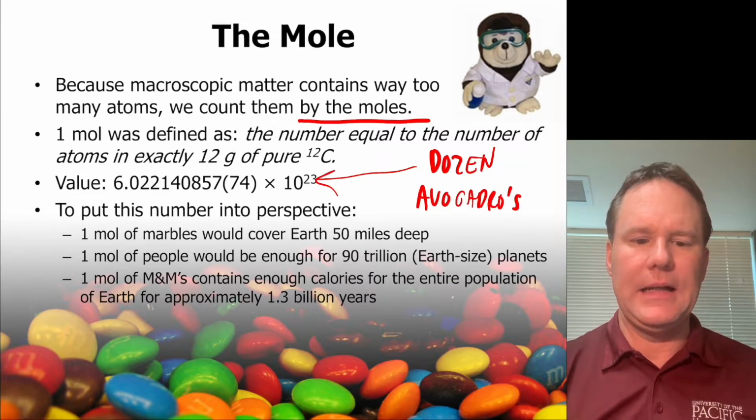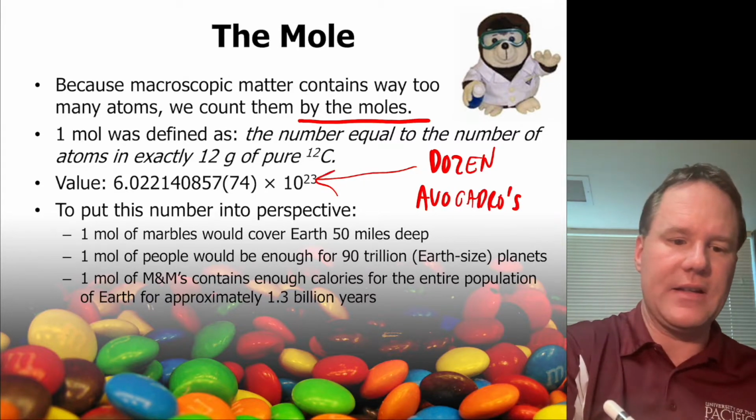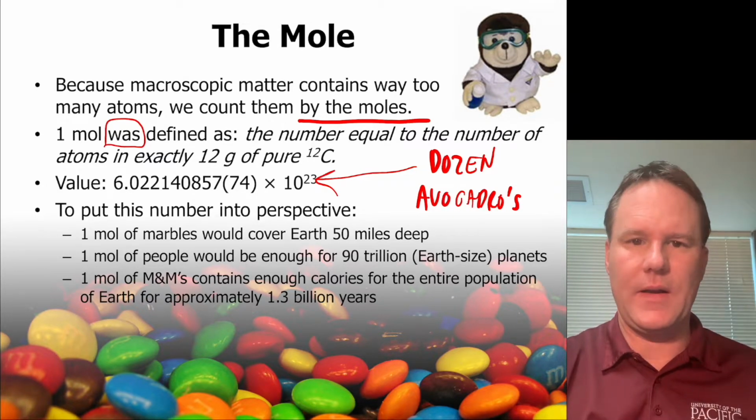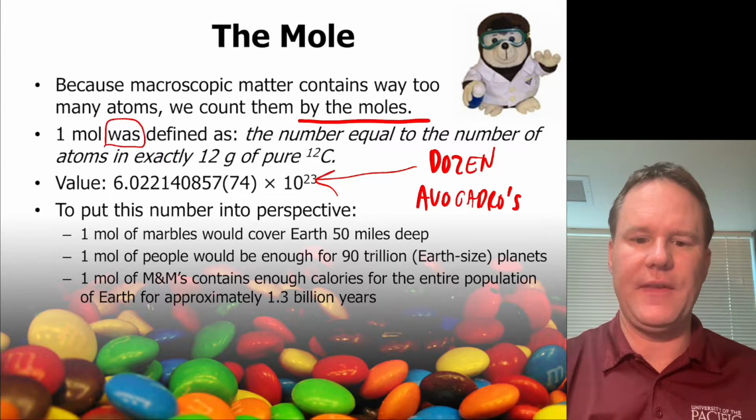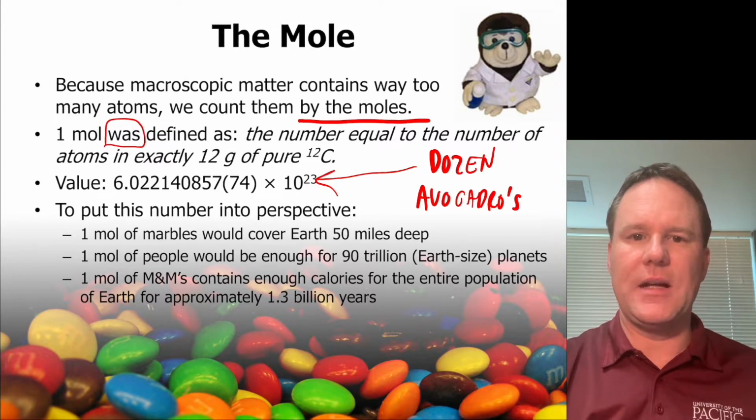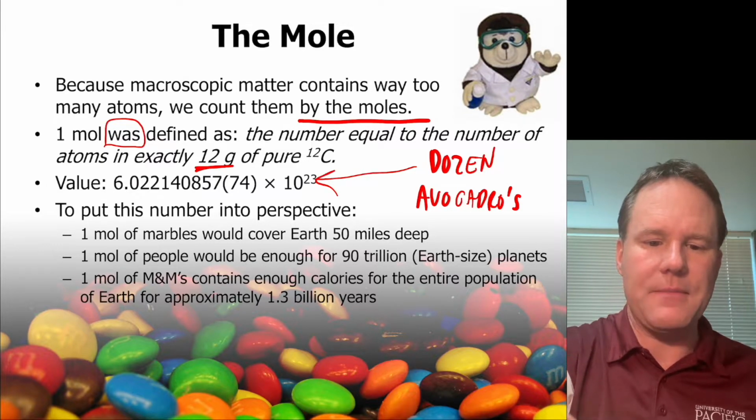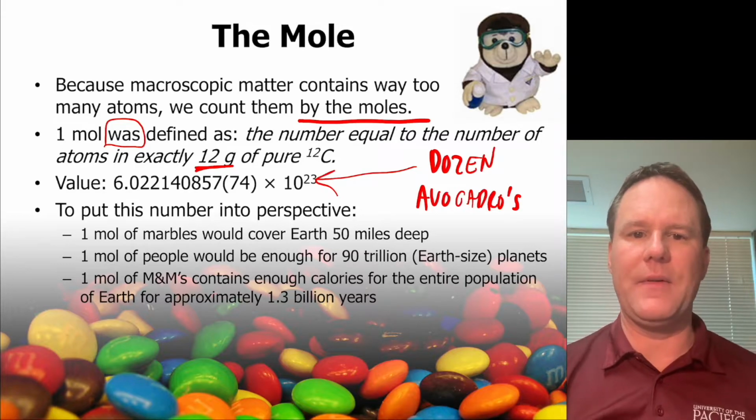How is this defined? Well, it was defined, and I'm stressing the "was" because, again, those people keep changing things. It's a number equal to the number of atoms in exactly 12 grams of pure carbon-12. So what does it mean?